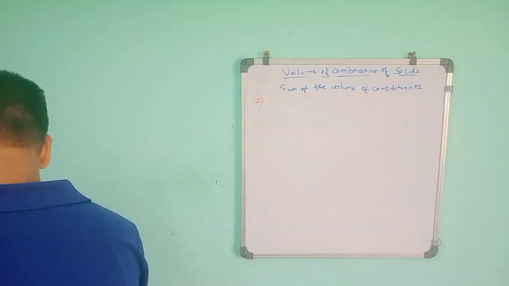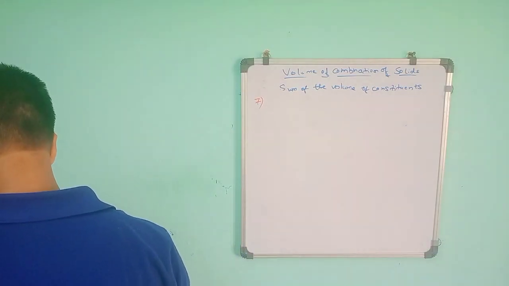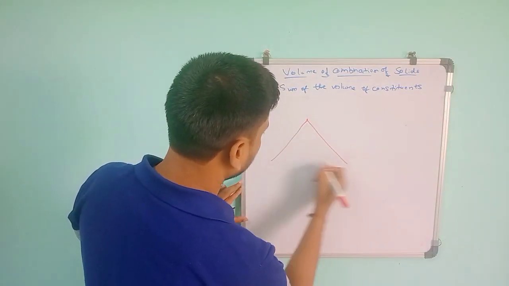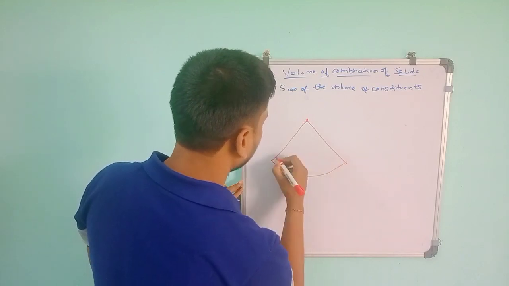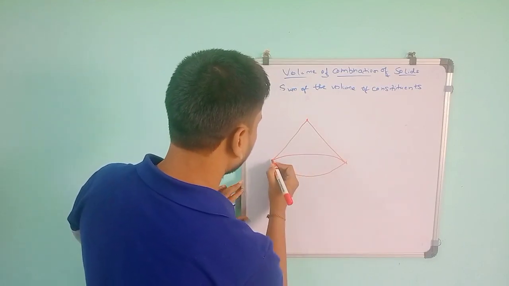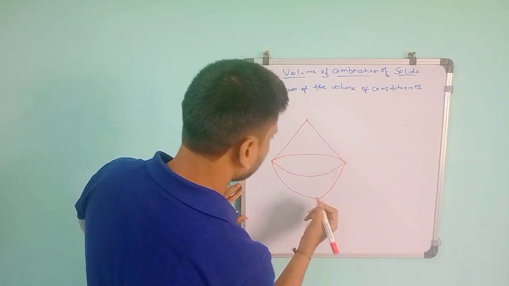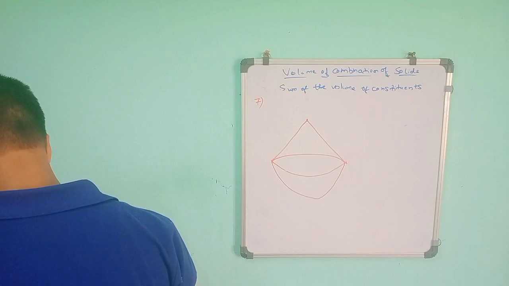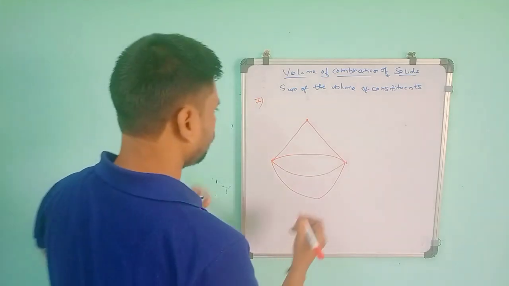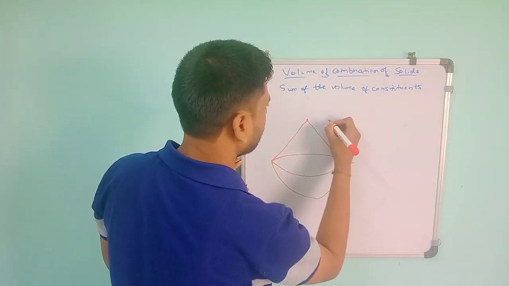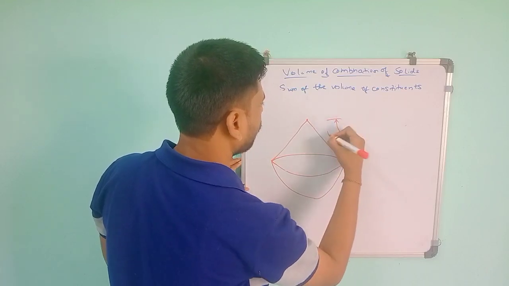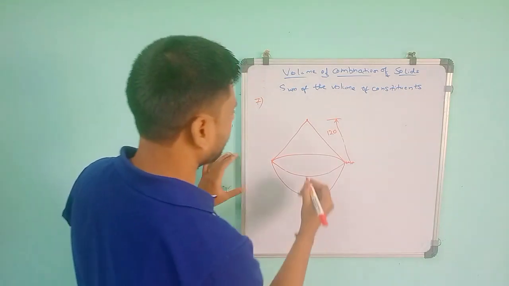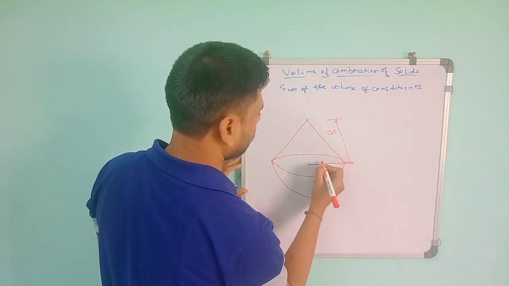So in this, a solid consisting of a right circular cone. This is the cone and it is standing on a hemisphere. The height is 120, so this will be the height. The radius is 60 centimeter.